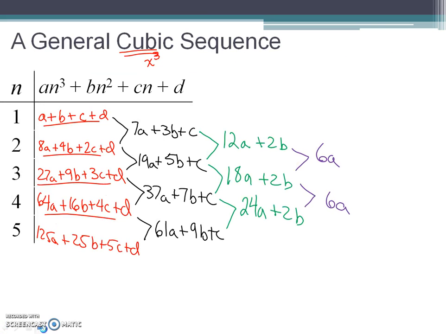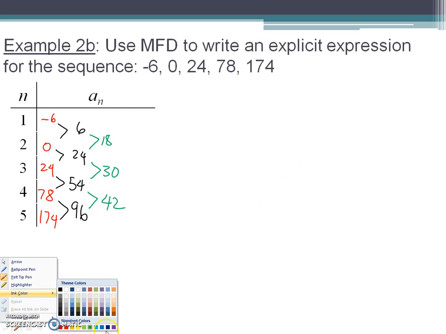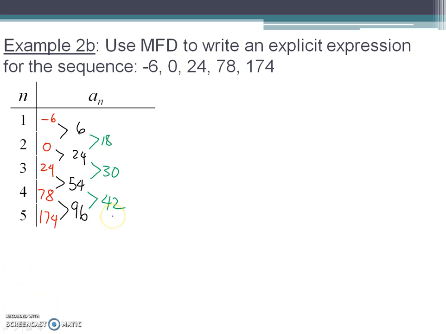And we'll do the next layer, or the last layer, hopefully, in purple. So there's no first common difference. There is no second common difference. There is, however, a third common difference. So that is a good thing, which means it's a cubic.